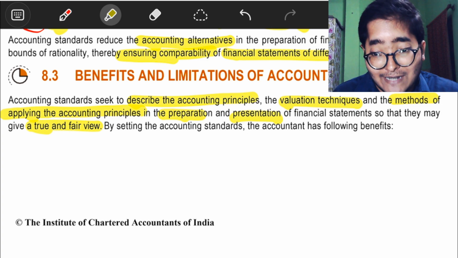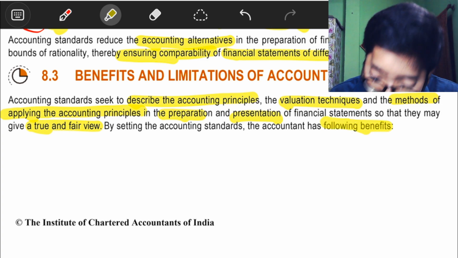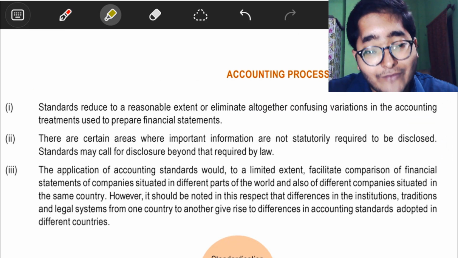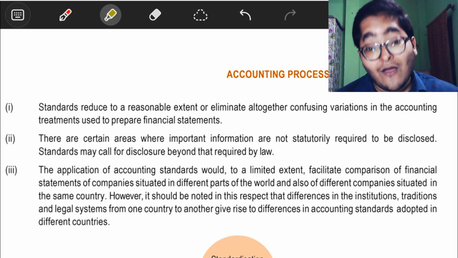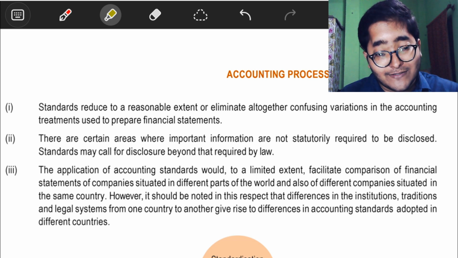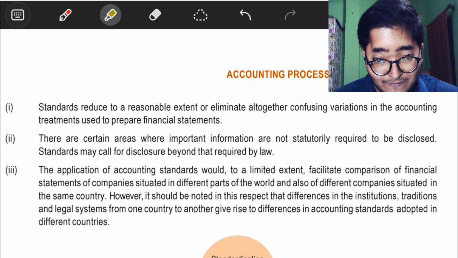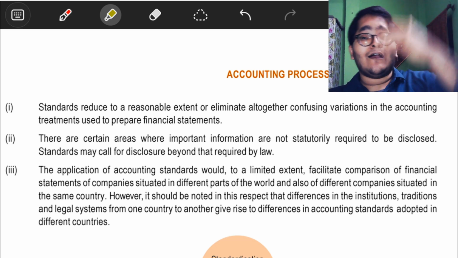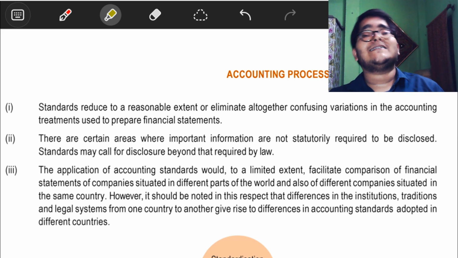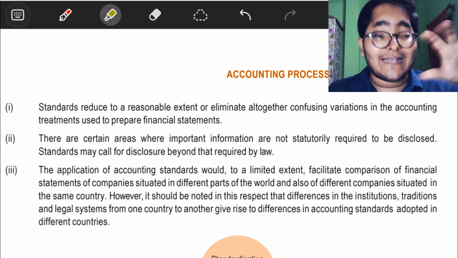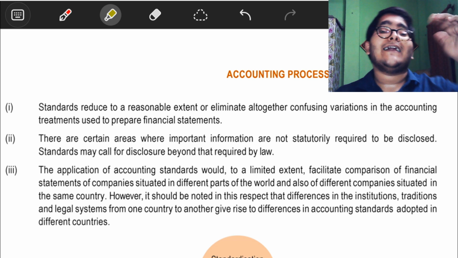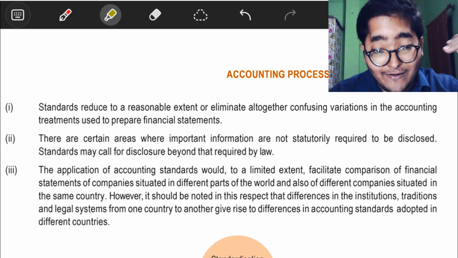By setting the accounting standards, there are following benefits. What are the benefits? Number one, standards reduce to a reasonable extent or eliminate altogether confusing variations in the accounting treatments used to prepare financial statements. बहुत अकाउंटिंग पॉलिसीज है जो अपने आप से या फिर एक एक अकाउंटिंग पॉलिसी या फिर एक अकाउंटिंग कंसेप्ट दूसरे अकाउंटिंग कंसेप्ट से क्लैश हो जाता है या फिर एग्री नहीं करता है, उसको हटा देता है एक स्टैंडर्डाइज्ड अकाउंटिंग पॉलिसी या फिर एक अकाउंटिंग स्टैंडर्ड.